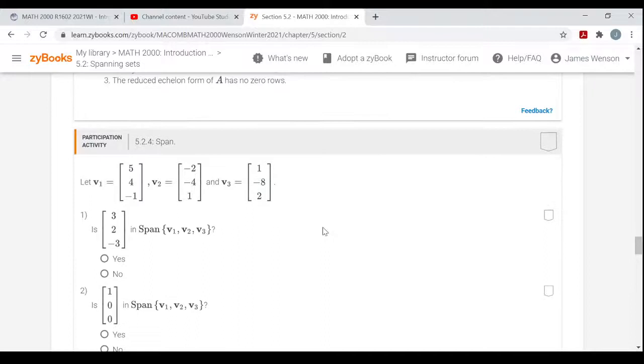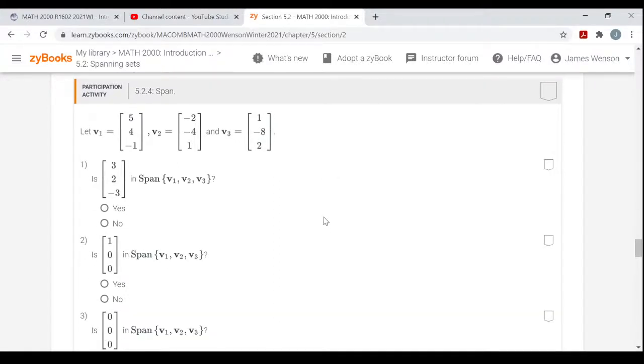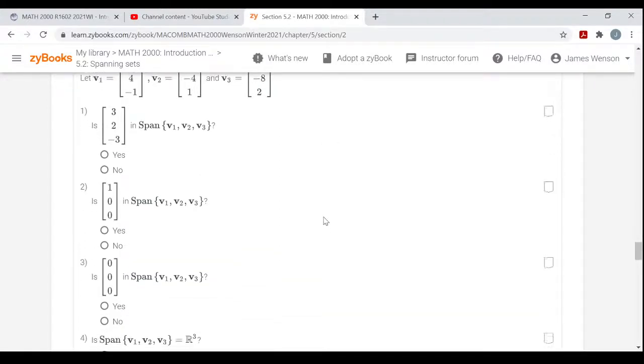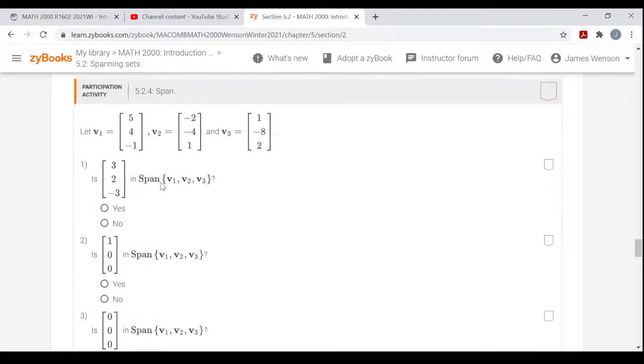All right, so for instance, I'll do a few of these. Here, say v1 is this vector from R3, the three component vectors. Say v1 is this vector, v2 is this vector, v3 is this vector.